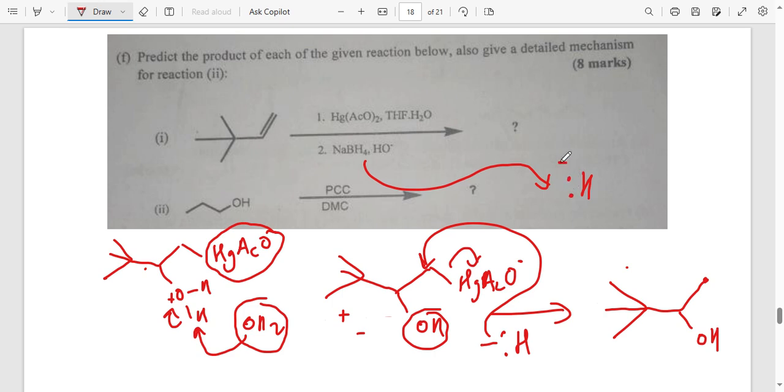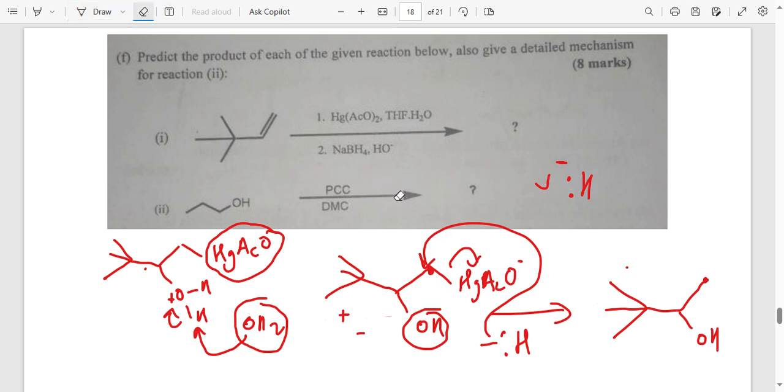The hydride is a nucleophile. This nucleophile can attack the carbon that is holding the mercuric acetate, and that breaks the bond with the mercuric acetate; the hydride has attached. I don't know if it's okay now. Okay.